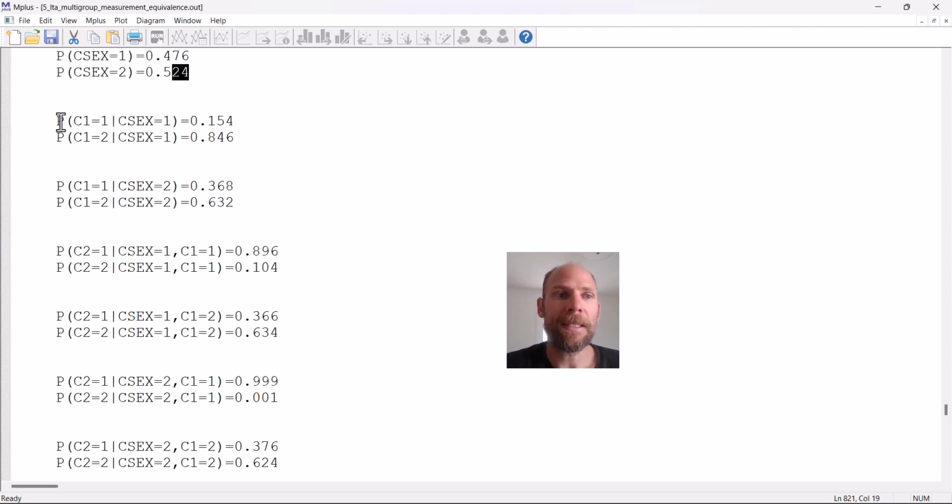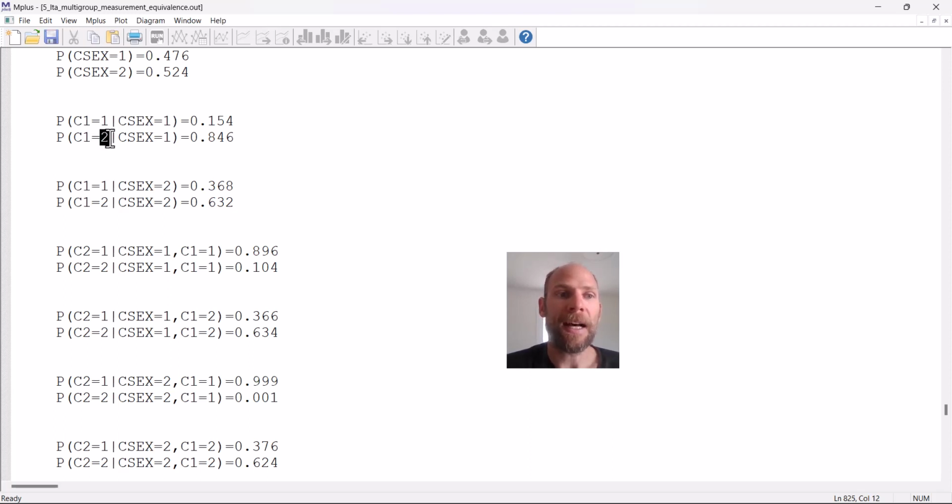Here we can see that at time 1, which is represented by the C1 latent class variable, the size of that class, or the probability of belonging to that class, given that gender was female, was 0.154, meaning 15.4% of females were estimated to belong to class 1 at time 1.